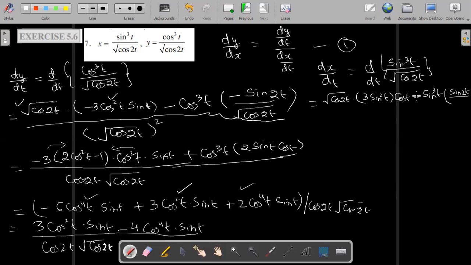The minus will also come, so that minus will become plus, over root cos 2t. And the denominator will be as it is, the square of the root, that means cos 2t.